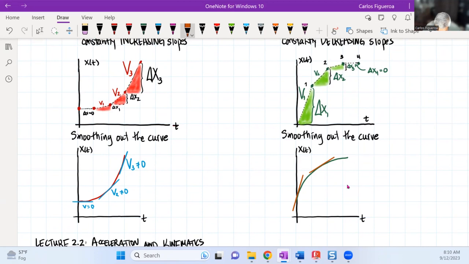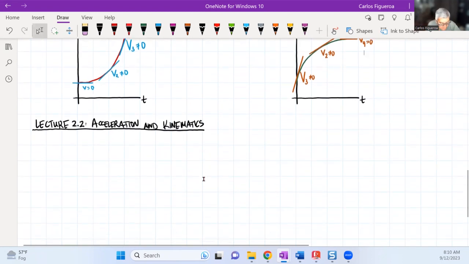In other words, V3 is large and not equal to 0. V2 is slowing down here because the slope is smaller. And then finally, when I get to this point at the very peak, you could see that the slope is 0. So that tells me that its speed is 0. Okay, that ends the review.